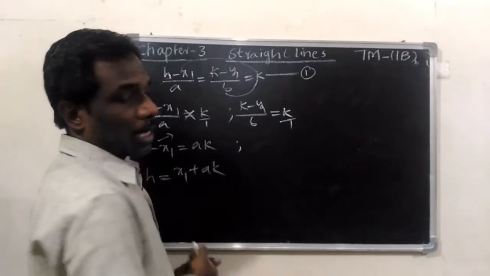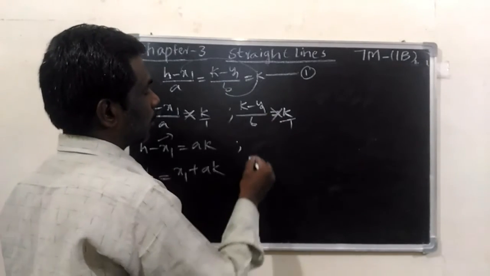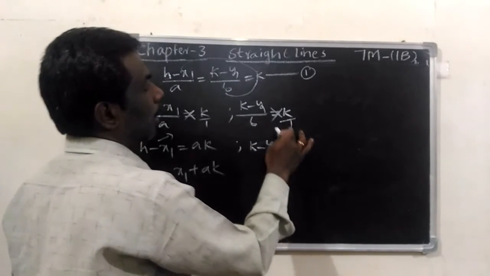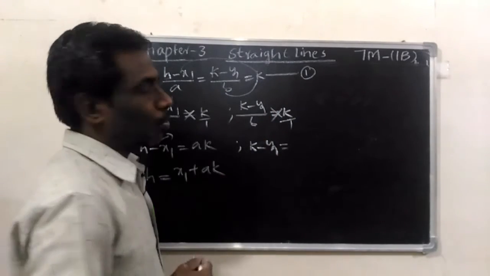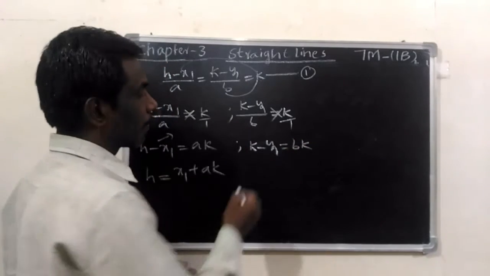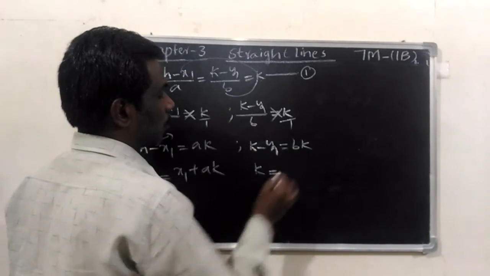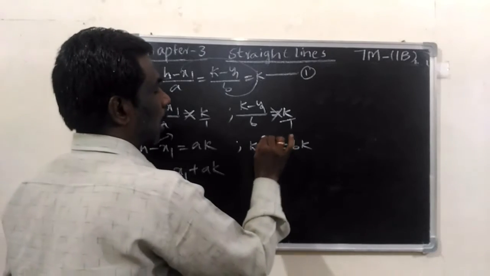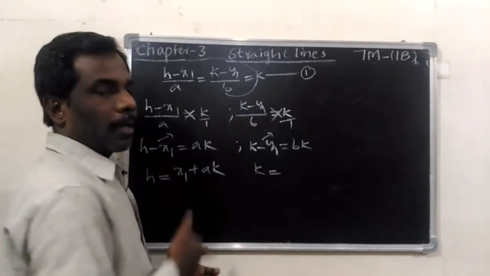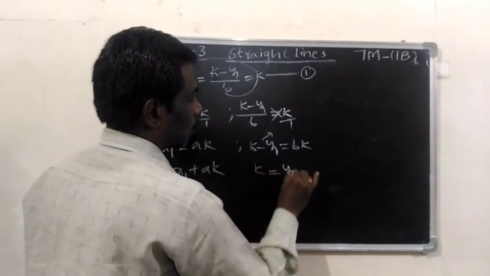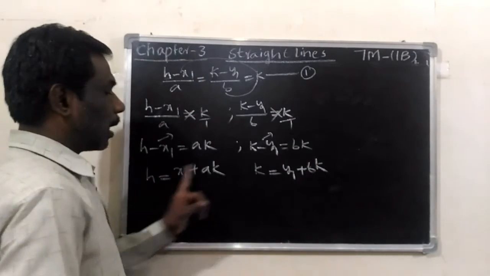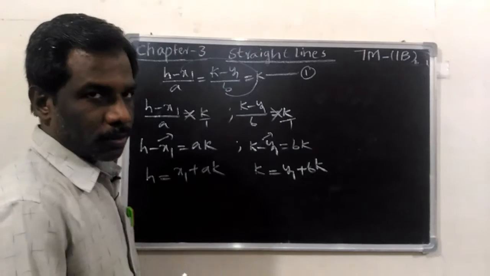And this we can also write by 1 and do cross multiplication: k minus y1 is equal to bk. Now k is equal to, transfer this minus y1 to the right side, that changes to plus y1. So k is equal to y1 plus bk. Now this is the h value and this is the k value.